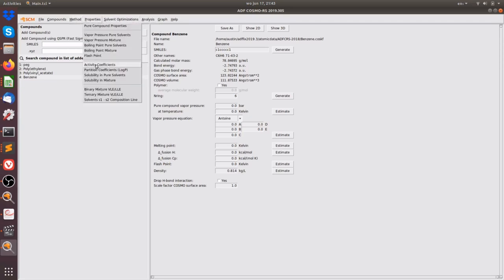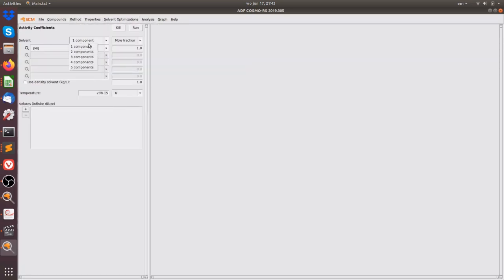Now let's take a look at activity coefficients. So let's look at two components here. We'll use our PEG and we'll use benzene. I have some experimental data for this system, so I will put in the first of those points here. I should also mention that many times it's much more common to think of these systems in terms of mass fraction, so that option works well, and polymer systems are usually given in the context of mass fraction.